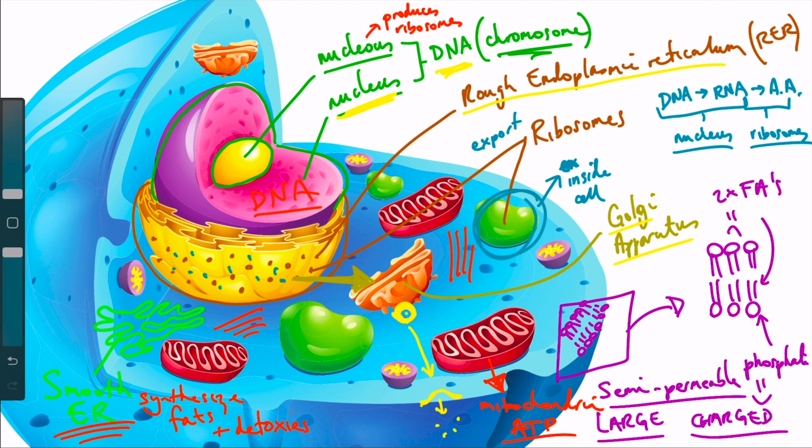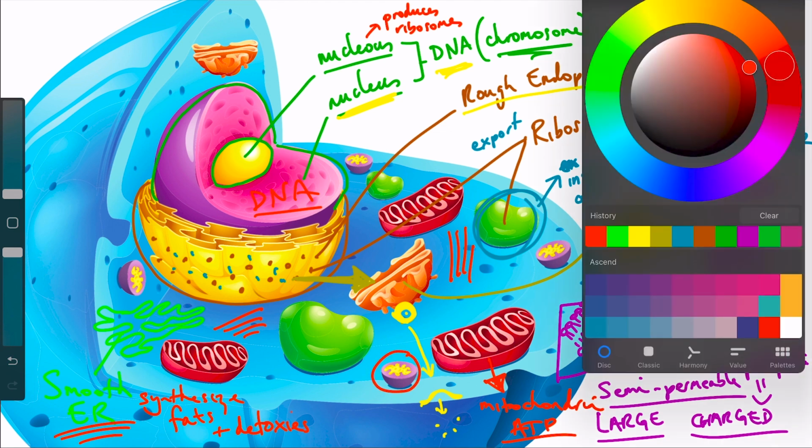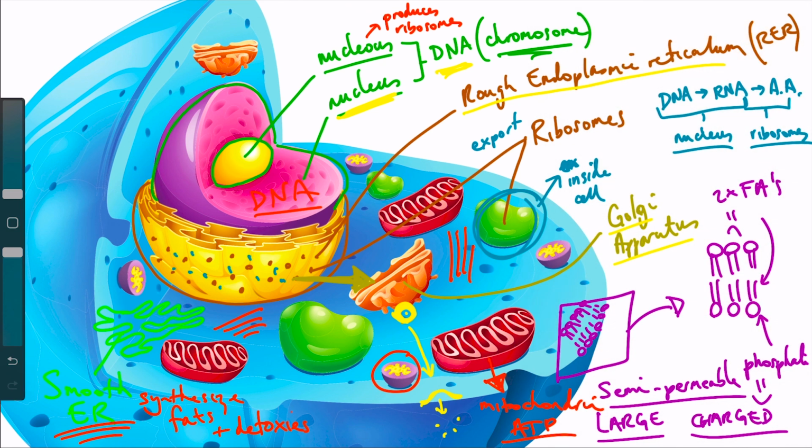Now, the last two things I want to talk about are these little things here. These little things, there's going to be two different types. There's going to be peroxisomes and lysosomes. What they do is they break things down, basically. Lysosomes will break things down by giving things water, right?